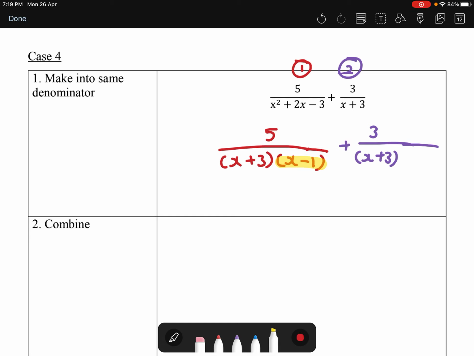So for the second term, you simply multiply by x minus 1 bracket, on the bottom and x minus 1 at the top, because you want to make the first and second term have the same denominator. After you multiply, you should get this.